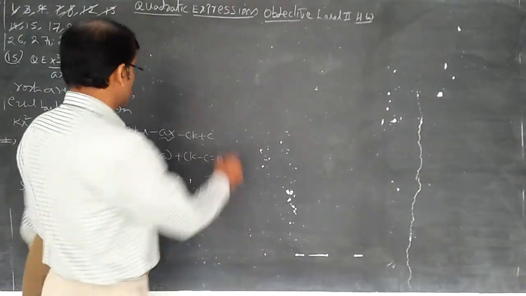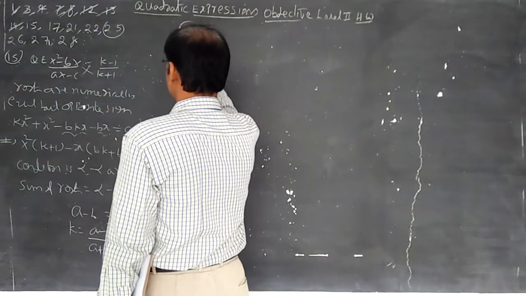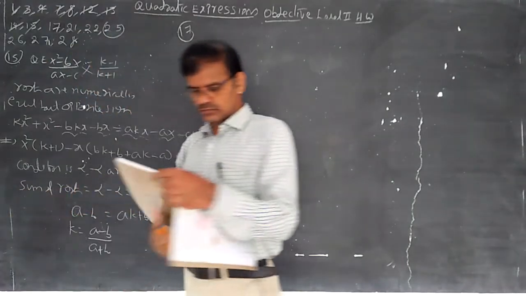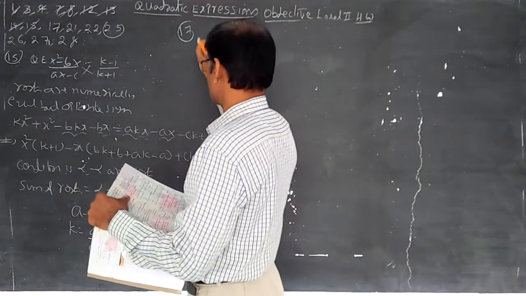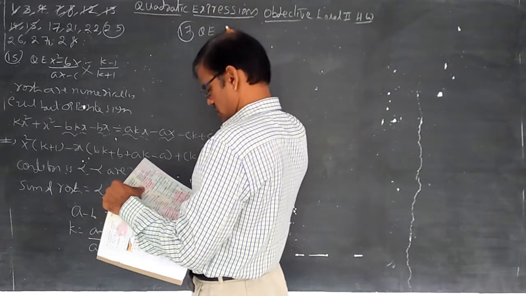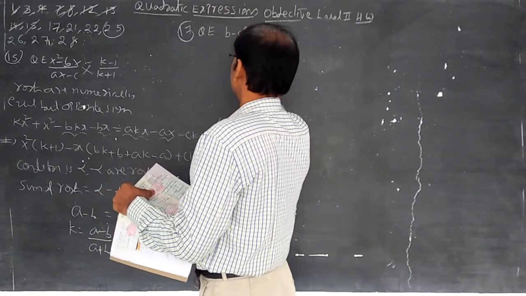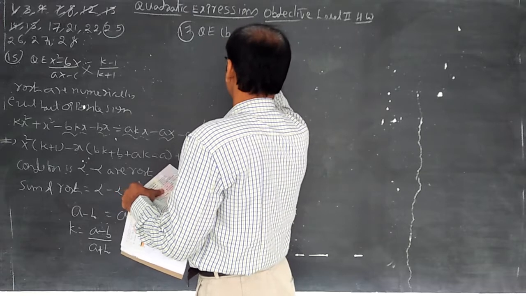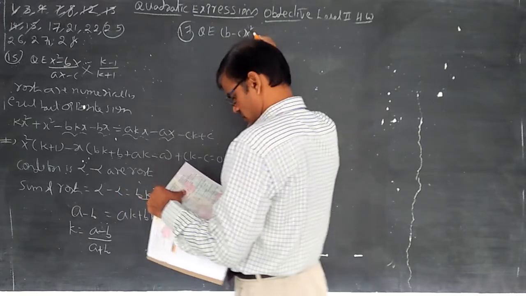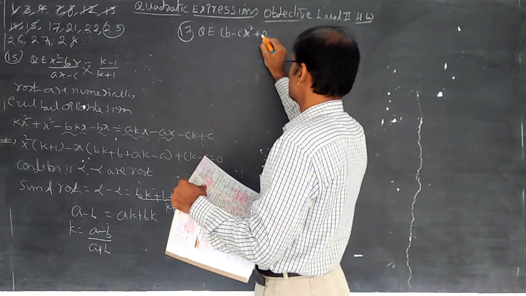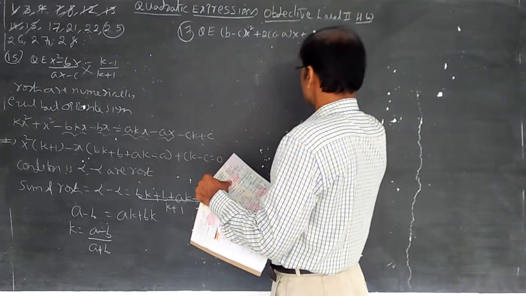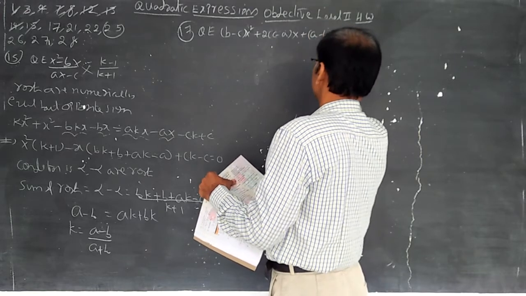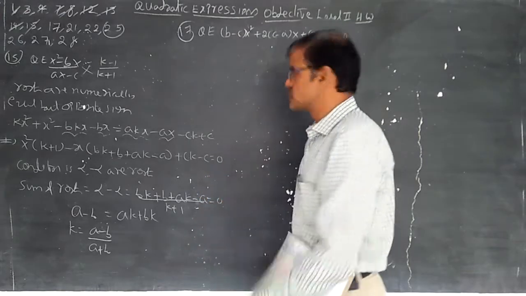Fourth option. Now let us write the 17th question. The roots of the quadratic equation (b minus c) into x square plus 2 into (c minus a) into x plus (a minus b) is equal to 0 are always real.